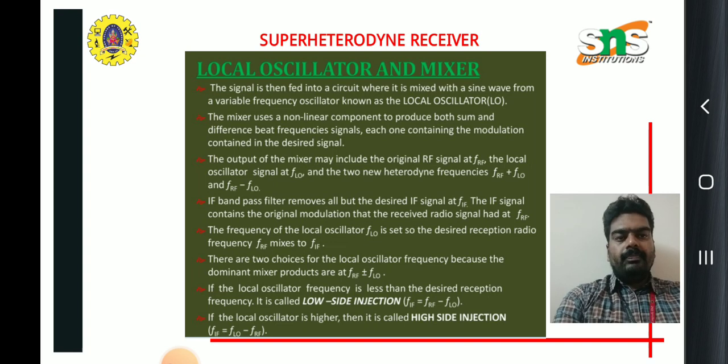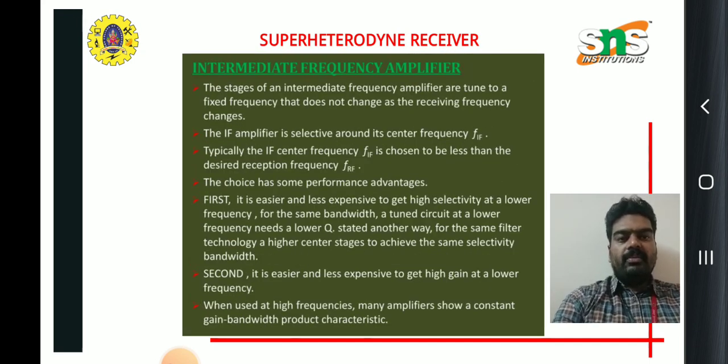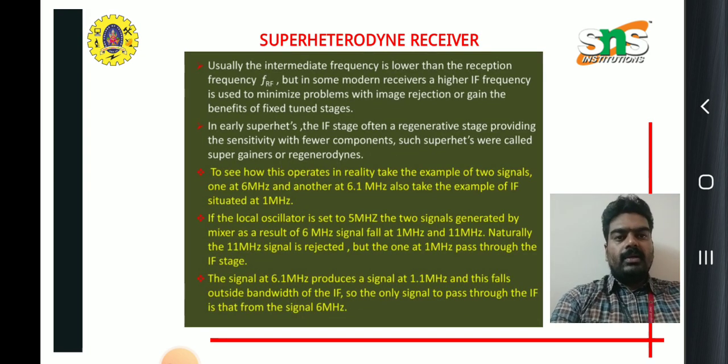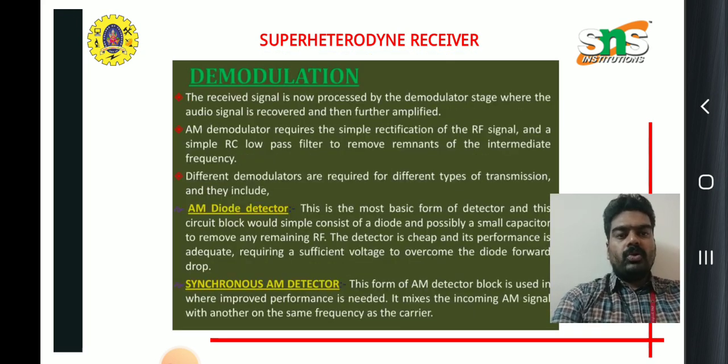In the local oscillator and mixer, as I said already, the mixer mixes the local oscillator and the input signal received from the antenna, and gives the intermediate frequency. The intermediate frequency is given to the IF amplifier, where it is amplified. After that, the filter section comes, and then the demodulation process.